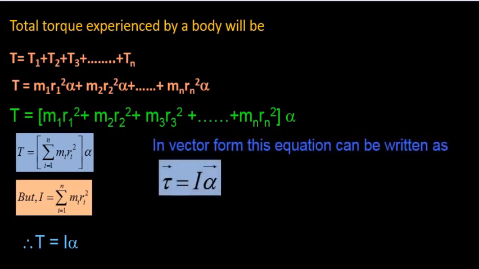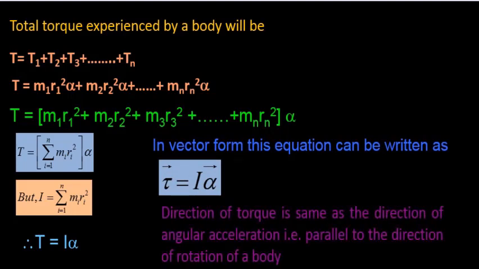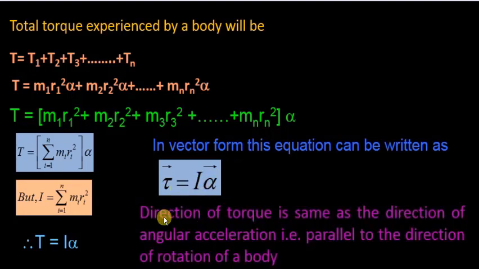In vector form, this can be written as vector tau = I into vector alpha, because moment of inertia is not a vector quantity. Therefore we can write this expression in vector form. The direction of torque is the same as the direction of angular acceleration, that is, parallel to the direction of the axis of rotation.